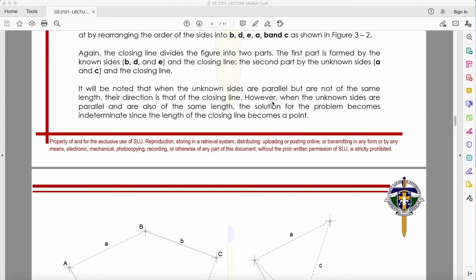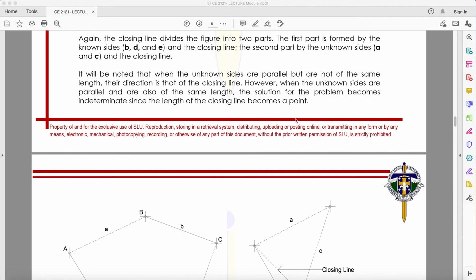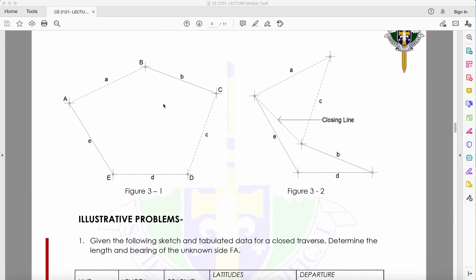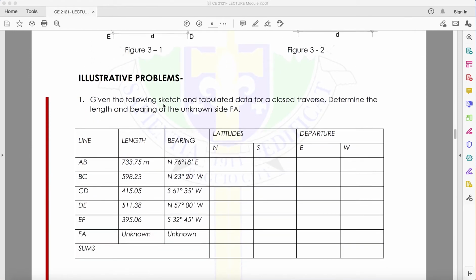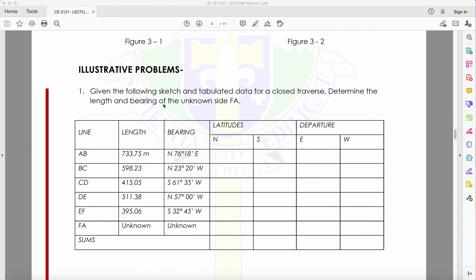So, when the unknown sides are parallel but are not of the same length, their direction is that of the closing line. Okay? Then we can still solve that. Now, if it is parallel and they are both the same length, then we can no longer solve that. That becomes an indeterminate problem. Okay? So we have here our illustrative problem.